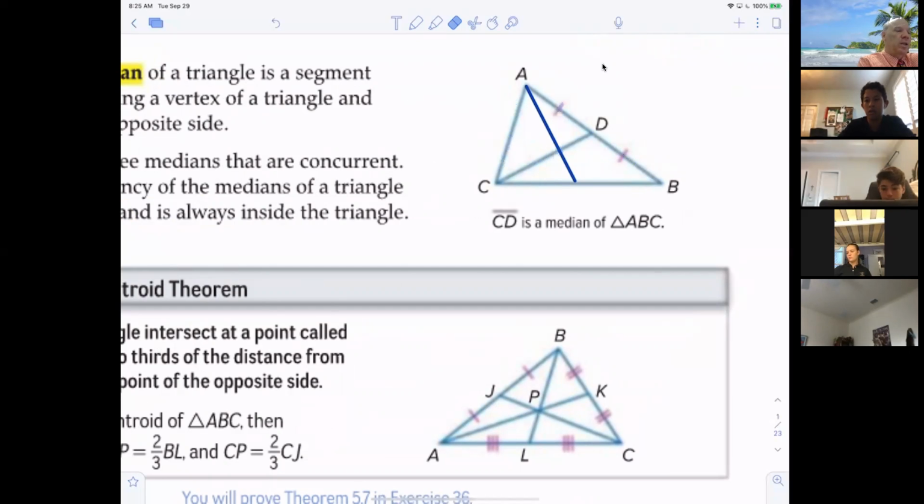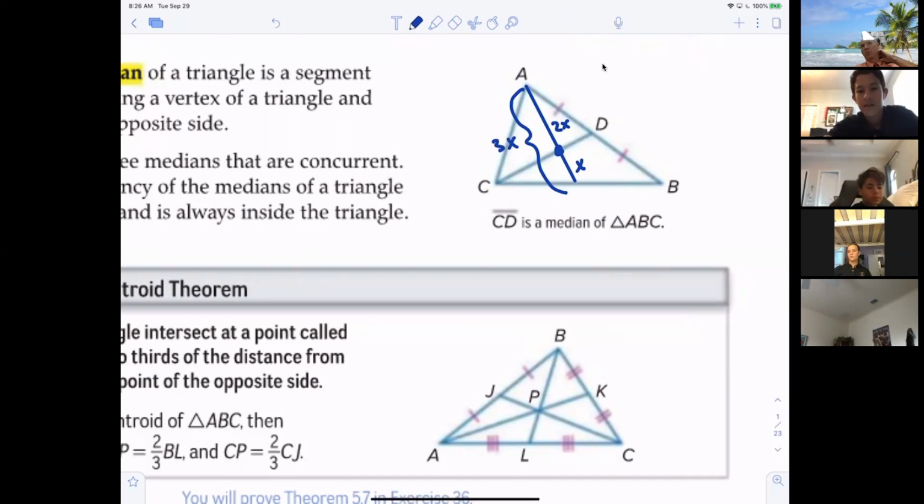What I like to do is say this from the centroid to the side is X, and from the centroid to the vertex is always 2X, which means that the median itself is what? 3X. All right, so there's a ratio that it's always divided up into.